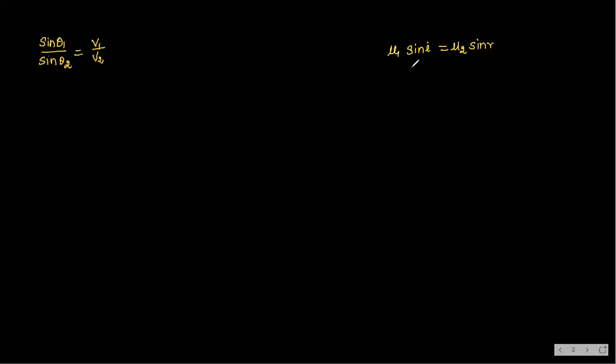And like this, sin I divided by sin R is equal to mu2 by mu1. Then what we did, mu2 means C by phi2, and this is C by phi1. Then this C and C cancel. So what you are getting, phi1 by phi2. Agree with me? Yes?